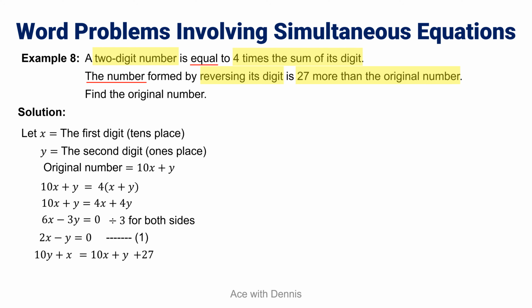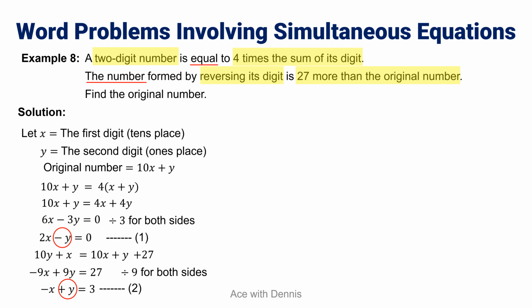Okay, so now I can simplify this equation. It becomes negative 9x plus 9y equals 27. Then I divide 9 for both sides. I have negative x plus y equals 3. I will label this as equation number 2.